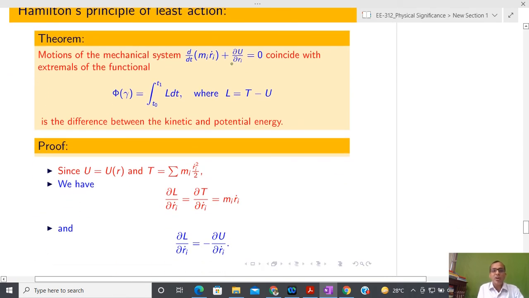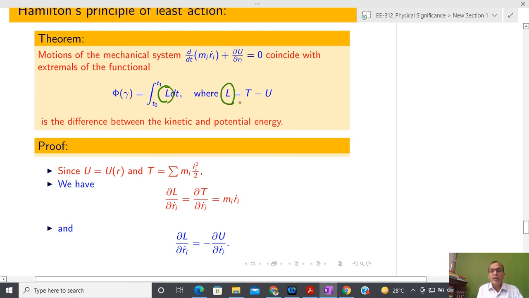What I am going to do now is formulate a functional, and here L, whatever curve I am talking about, I define as the difference between kinetic energy minus potential energy. After that I am going to solve the Euler-Lagrange equation.